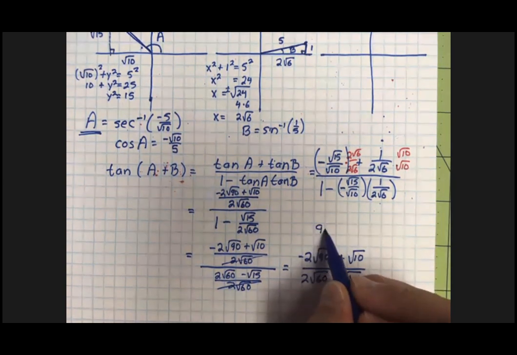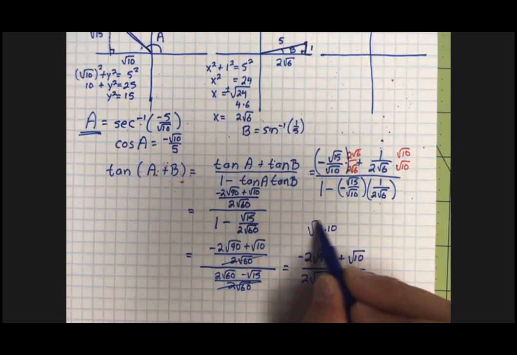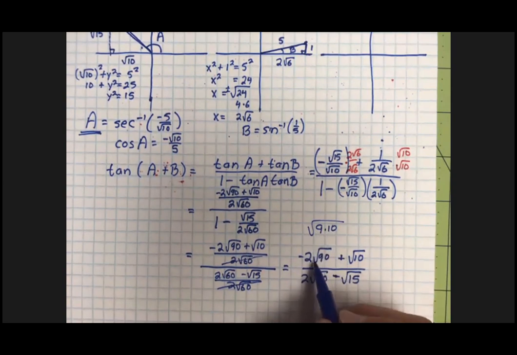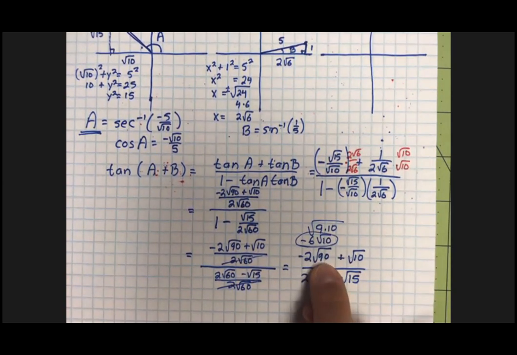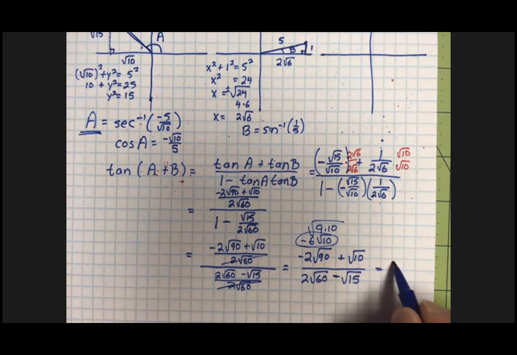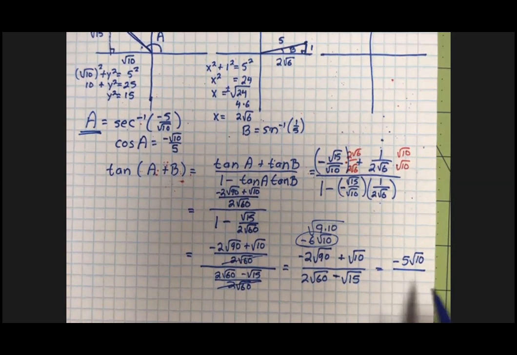Let's think of 90 as 9 times 10. So the square root of 90 is 3√10. So I have minus 6√10 here, and there's plus another √10. That's minus 5√10. That's coming out nicer than I expected. Sometimes when things are too nice, you get nervous.